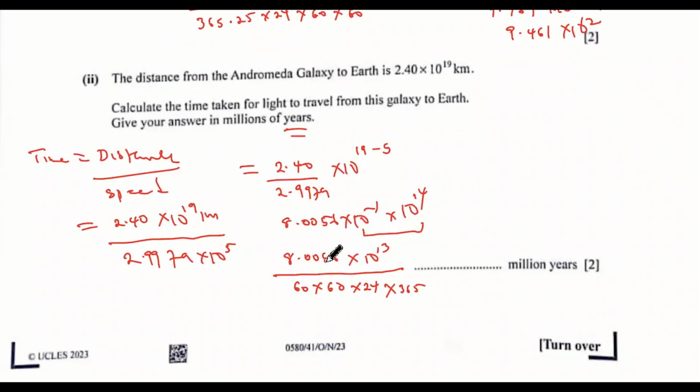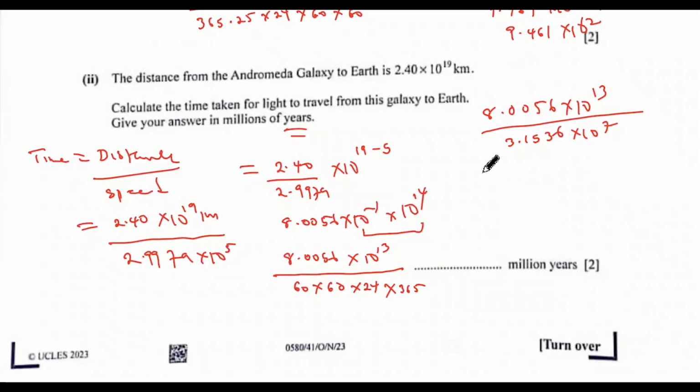So from here we have 8.0056 times 10 to the power of 13, divided by, so if you multiply 60 by 60 by 24 by 365, you get 3.1536 times 10 to the power of 7.